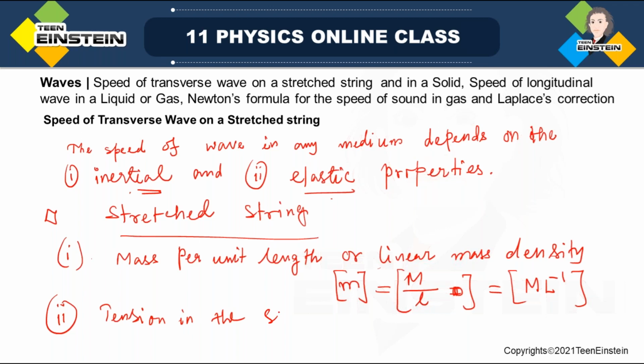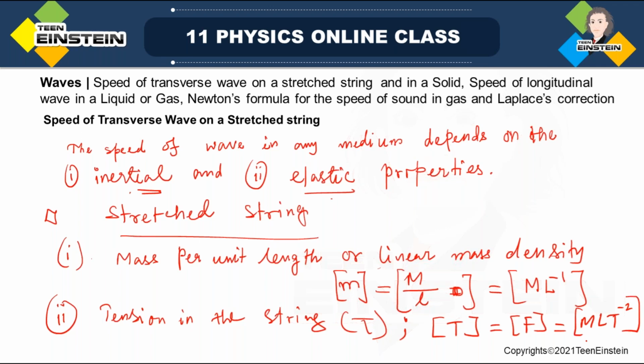So tension in the string is denoted by capital T. And what is the dimension of this T? Actually, tension is nothing but a force. It has the dimension of force itself. So we can write M L T to the power minus 2.